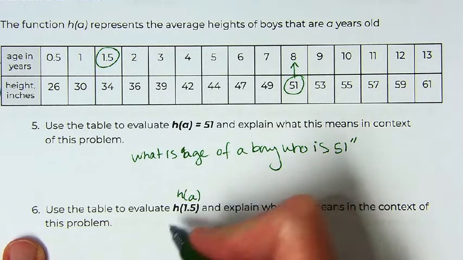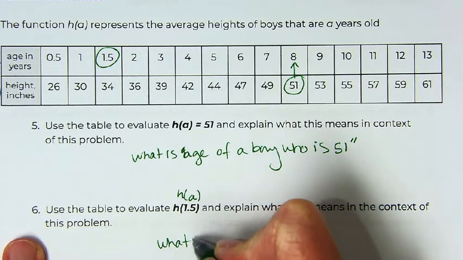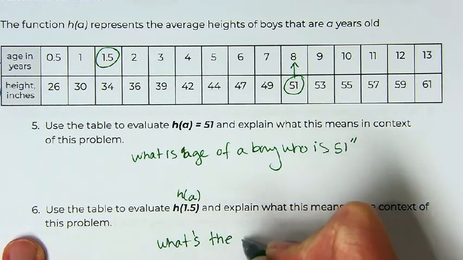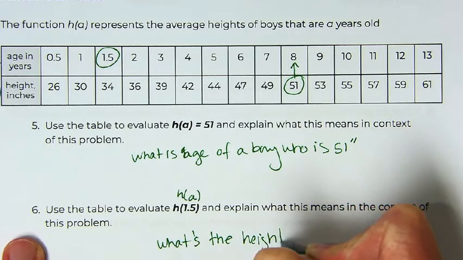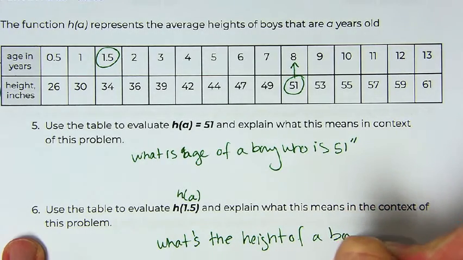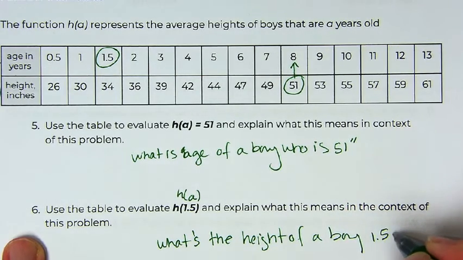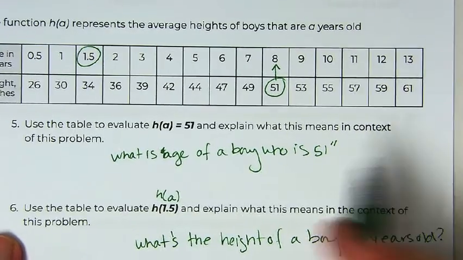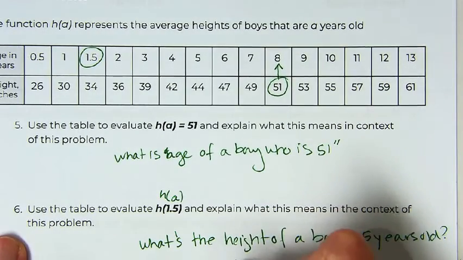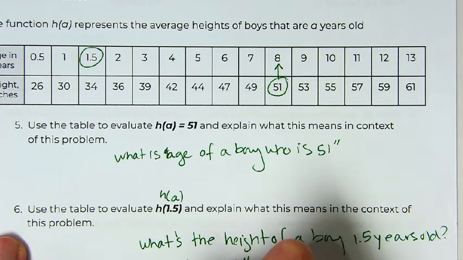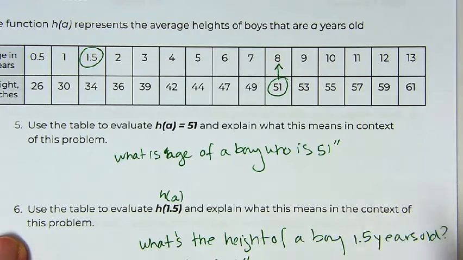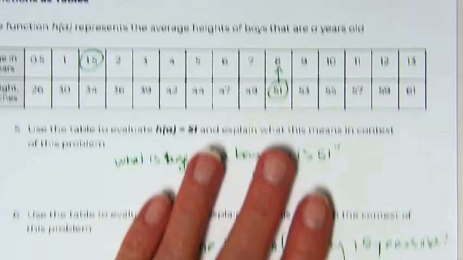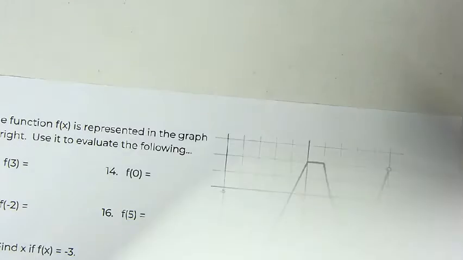And what this is really saying is what's the height of a boy 1.5 years old. And the answer in this case is 34 inches. So height at age 1.5. Oh my gosh, did not leave myself space for an equal sign. All right, so that's reading a table.